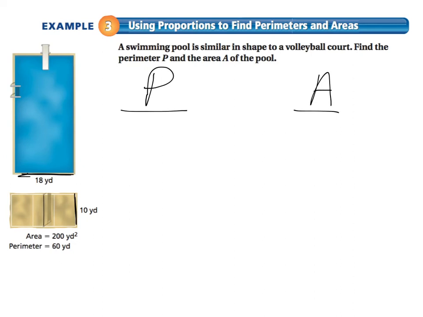Therefore, I can write them as a ratio of either 18/10 or 10/18. I'm just going to do 10/18. Simplify that. Well, 10/18 is going to simplify into what? 5/9.